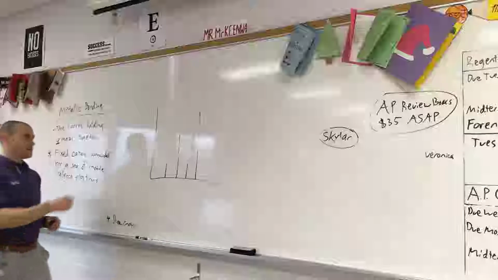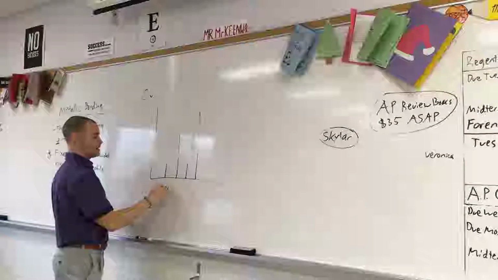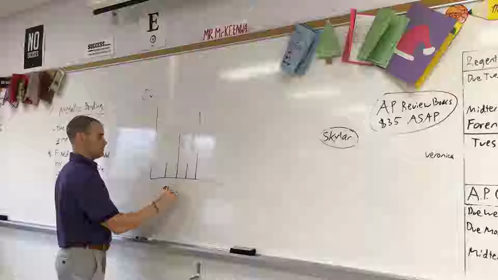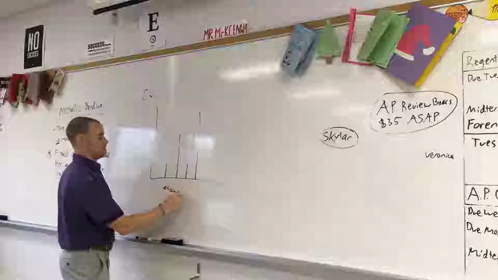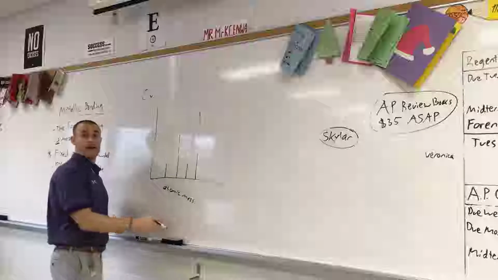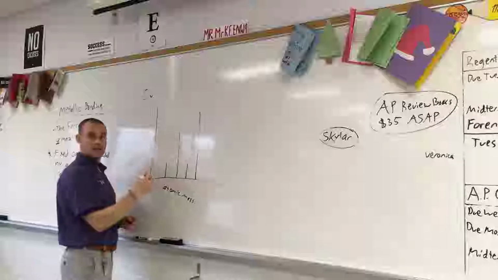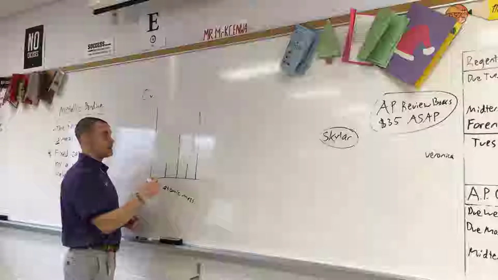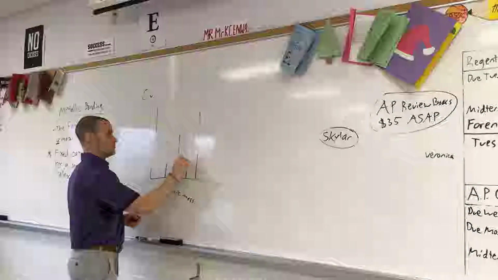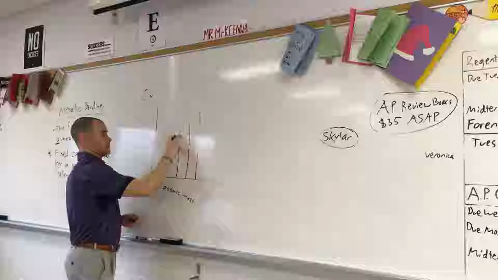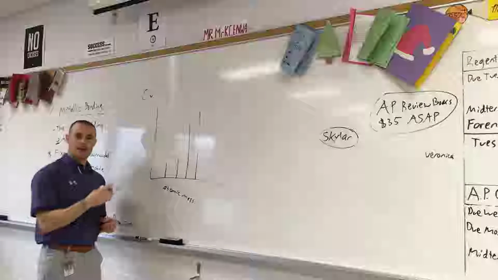So let's say this is a mass spectrogram of copper, and down here is the atomic mass. Again, I'm making this up off the top of my head. I had one set up, I don't know what I did with it. This should actually be more like this. Well, I'm trying to make it up as I go here, and it's got to make some sense.